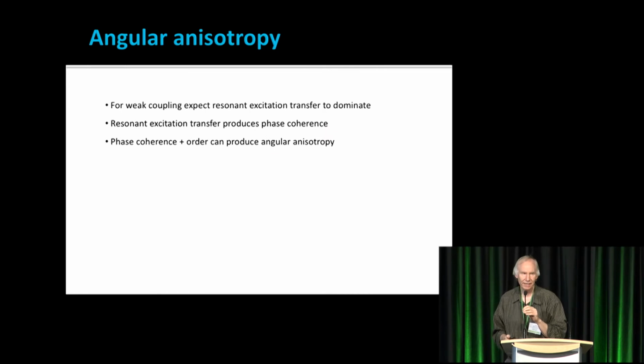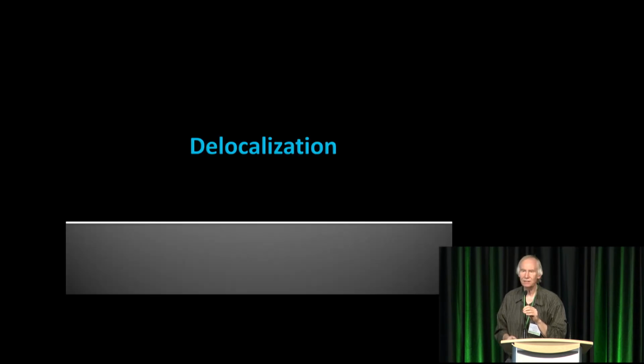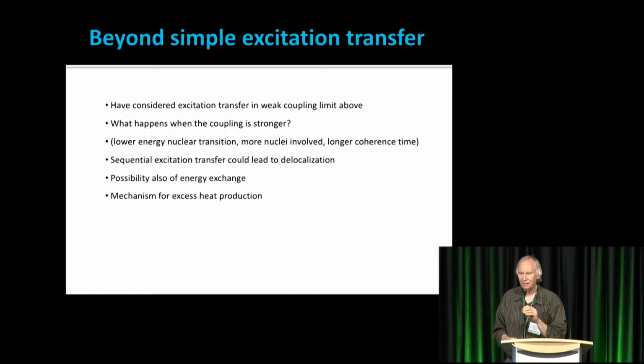So the takeaway message from this is that there seems to be some evidence now in the laboratory for the existence of an excitation transfer process. Now, you might ask that the 136 keV state is very high energy. Lower energy transitions work better for excitation transfer.